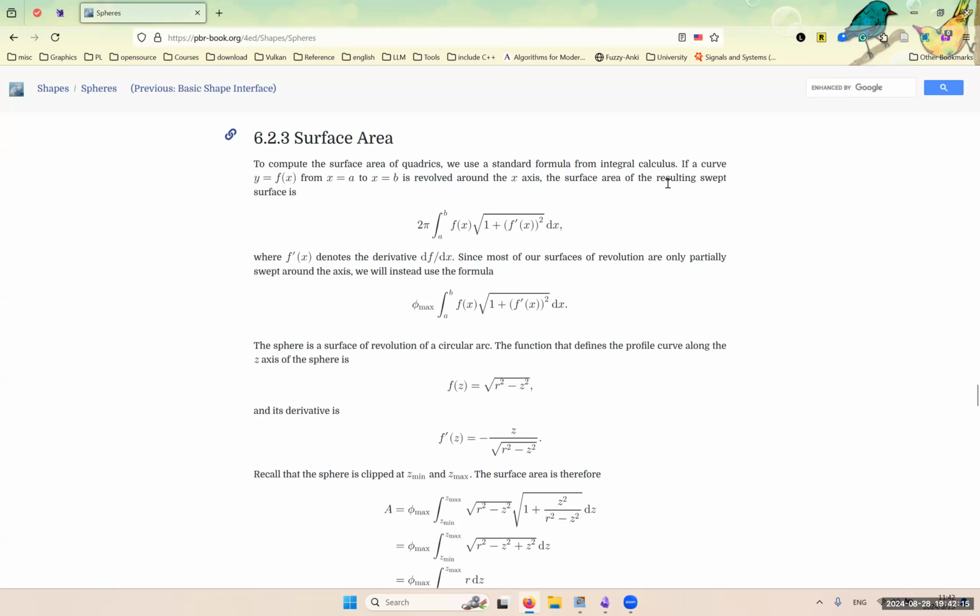The surface area of the resulting sweep surface is from A to B. We have this.